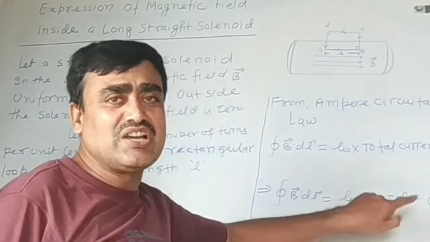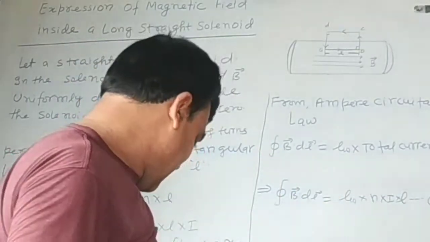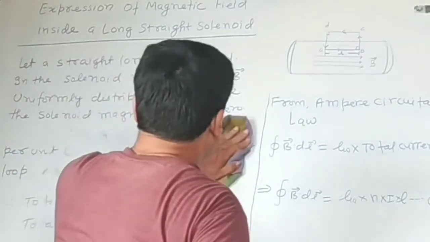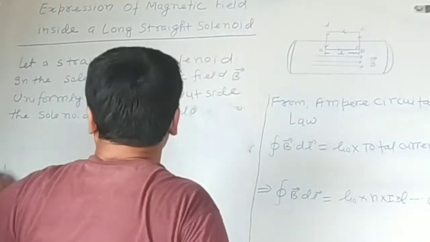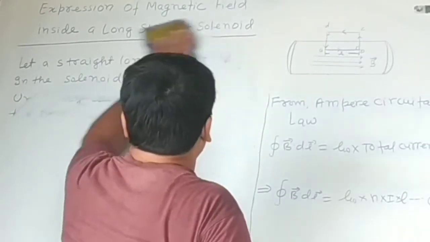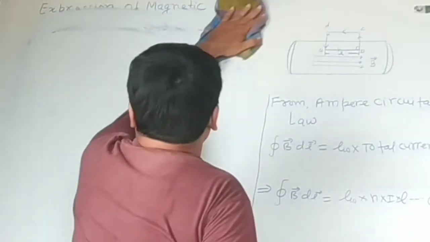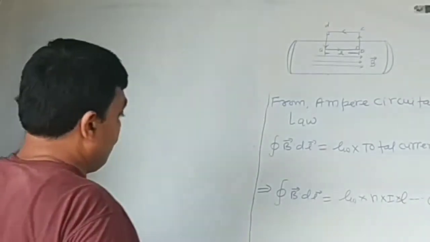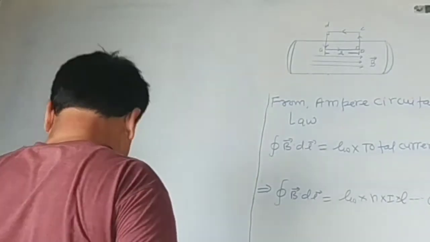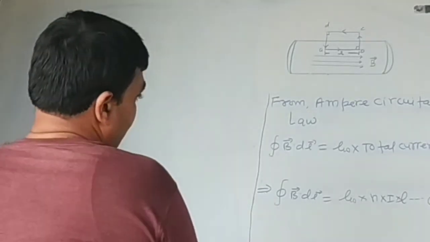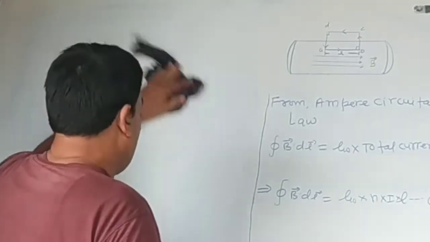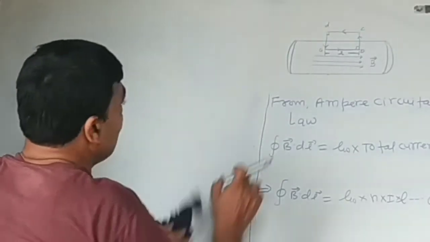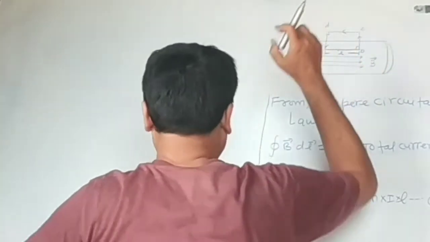This is equation 1. Now we have to find the value of the line integral of magnetic field in the case of the closed rectangular loop ABCD.